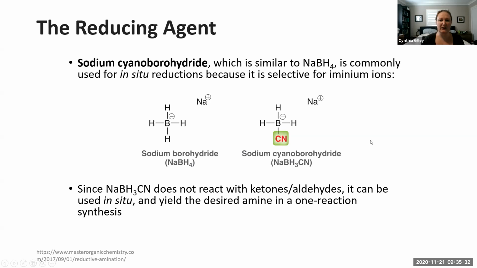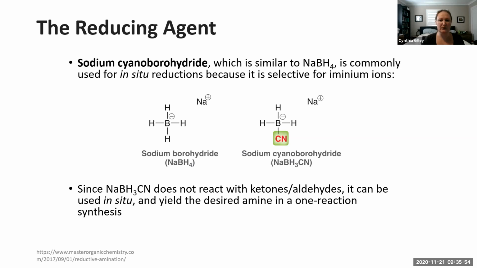We want the aldehyde or ketone to survive in order to form an imine, and eventually an iminium ion. And then only once that iminium ion is formed, do we want the reduction to occur. We're actually going to use a slightly more selective, slightly less reactive sodium cyanoborohydride instead of sodium borohydride.